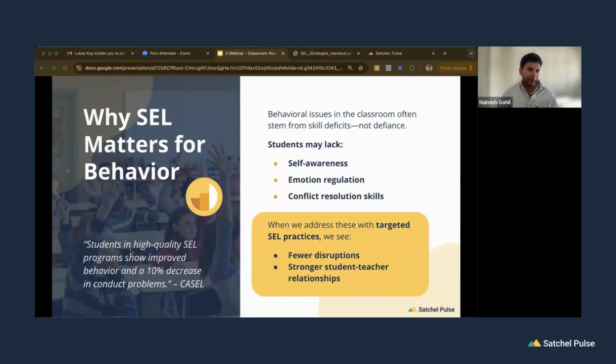We know when they get better at these things, we have fewer disruptions, we have stronger student-teacher relationships. So we're going to go into the details, but there's lots of research that shows that the short-term benefits of improving student behavior through developing SEL skills really does work.